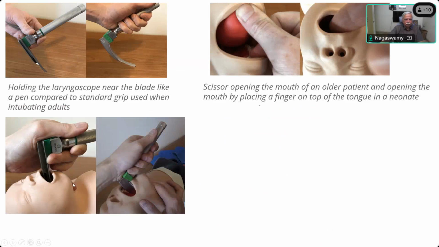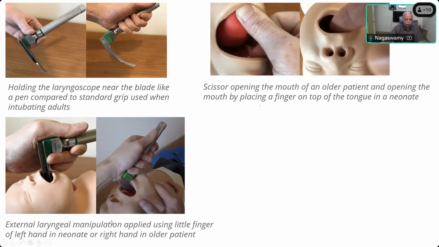The operator himself can give the external laryngeal pressure using his little finger. Whereas for older children, you require another person to give the compression, the BURP maneuver. So external laryngeal manipulation is applied using the little finger of the left hand in a neonate and the right hand in an older patient.